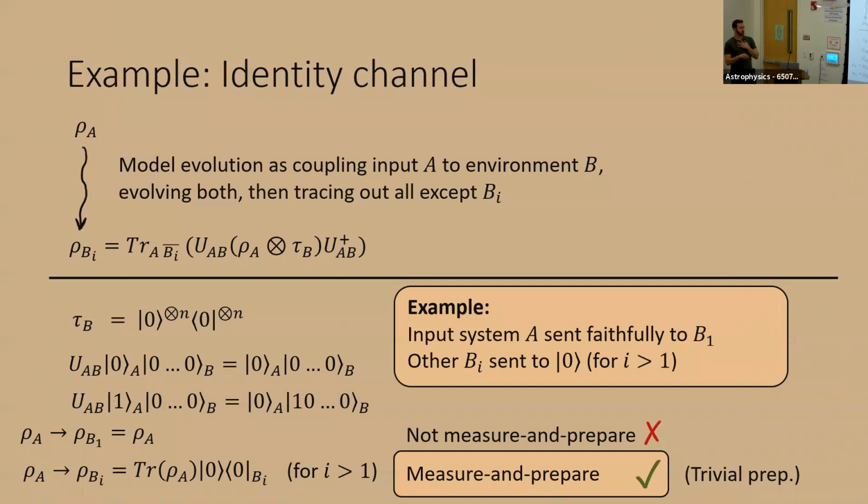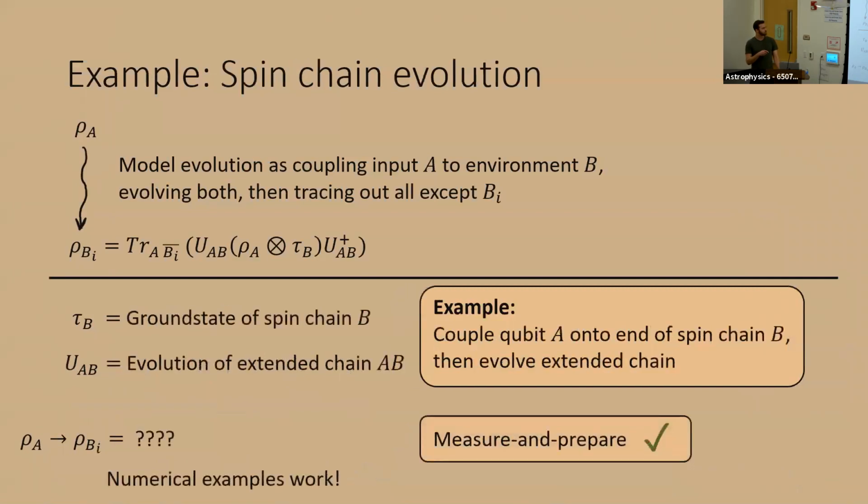So that's not a measure and prepare channel, but the theorem is only going to claim that almost all of the BIs have a reduced channel that looks like the measure and prepare channel. So this will also satisfy the theorem, because although the first output of B learned about A, the rest of them didn't learn anything about A.